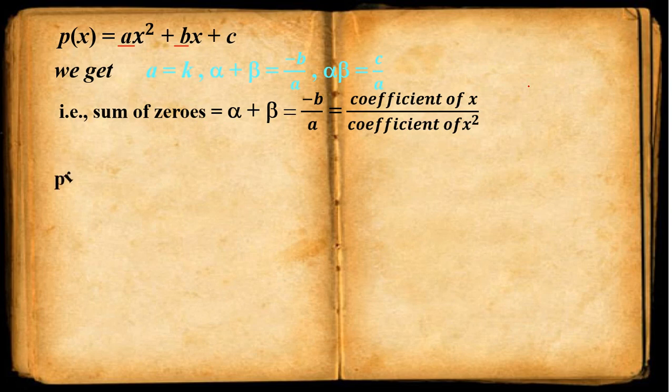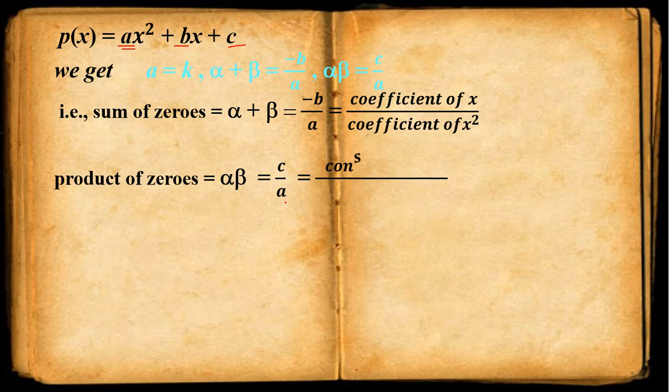Similarly, alpha into beta is equal to c upon a, so c is the constant term, and again a is the coefficient of x square. We can say it is also constant term upon coefficient of x square.